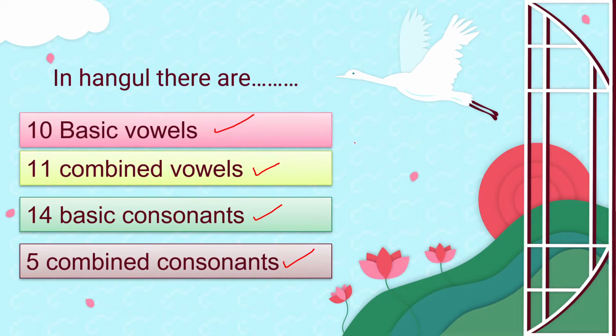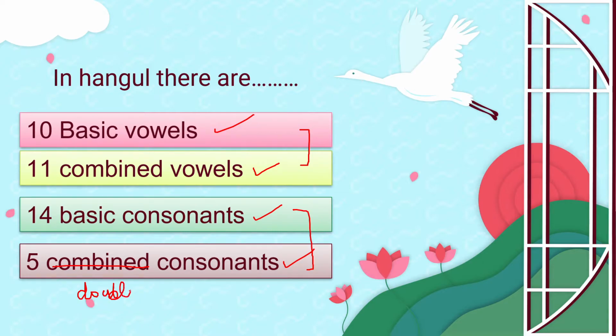Here, vowels and consonants are both divided into two parts: basic and combined. For consonants, instead of combined we usually say double consonants or tense consonants.